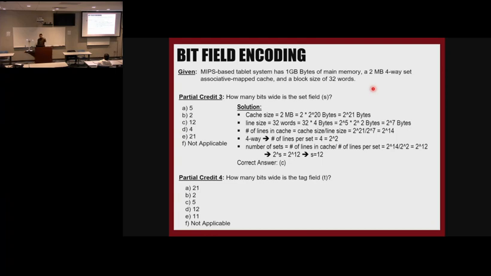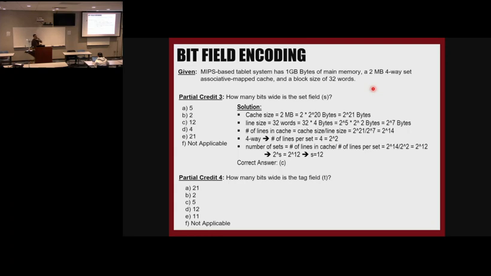In the set, we just have a tag field. We just place them in whatever open spot we have in the set. So we don't need to address the lines of the set. But we need to address the set, because every block in the main memory is mapped to a set. We have to find how many sets we need.